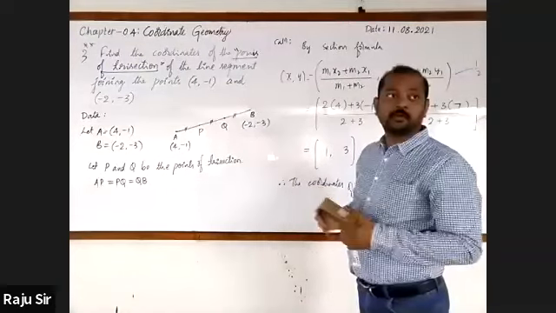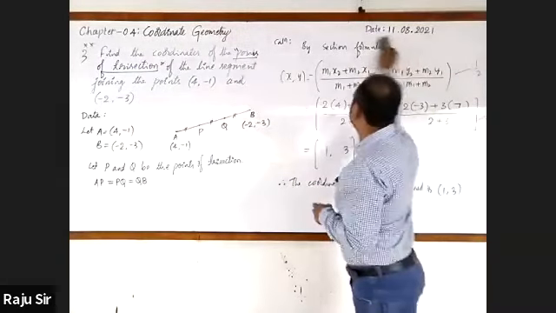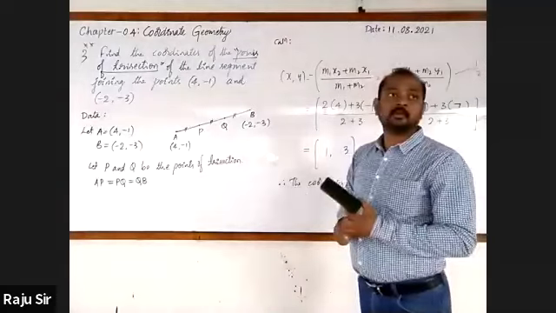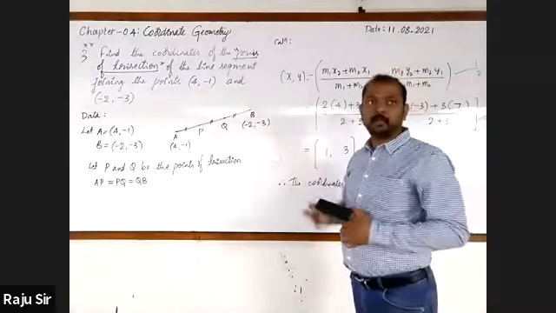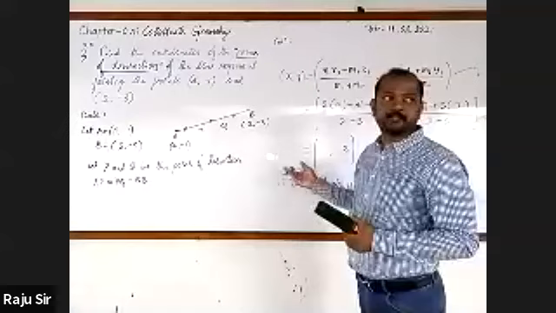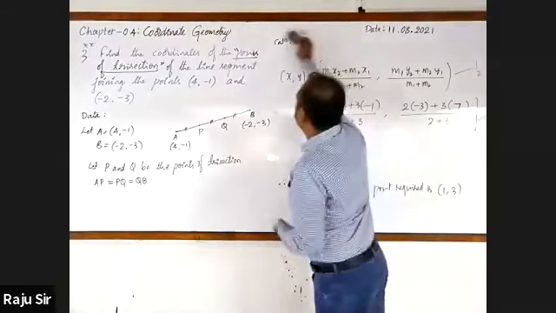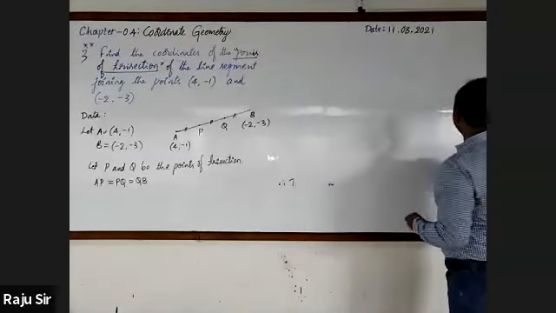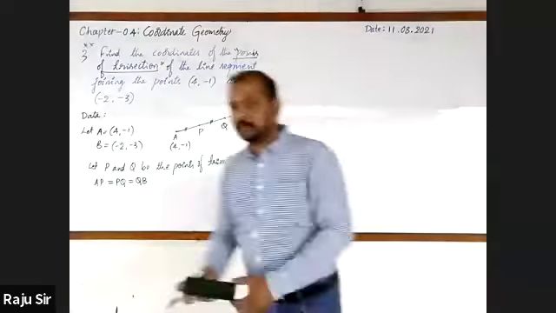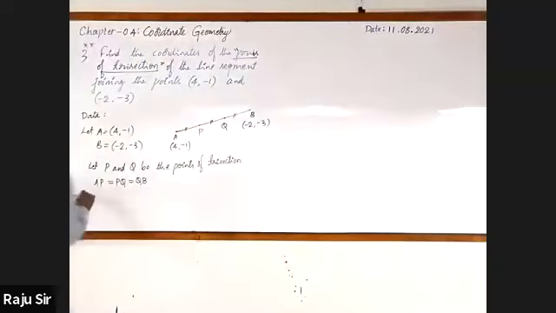Now let us go for finding first, which one? Coordinates of P. So what formula should be used? Section formula. In both the cases, as we are going to use section formula, let us write that in the beginning. Calculation.